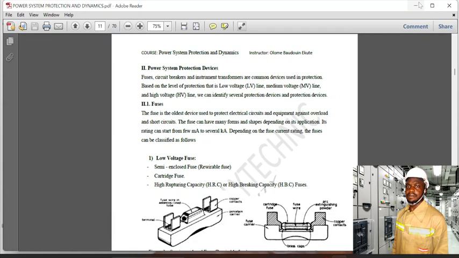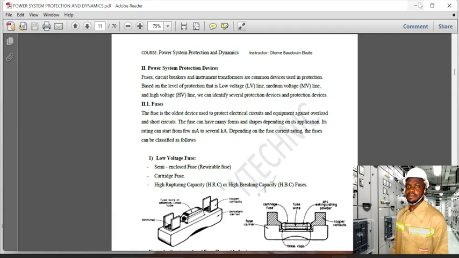Based on these various compartments, we have several power system protection devices that can be used to protect either the generators or the transmission line and the transmission line components and the distribution line components as well, and also the level of the load. So this can be classified based on their voltage levels classification, because we have the various devices for low voltage classification.